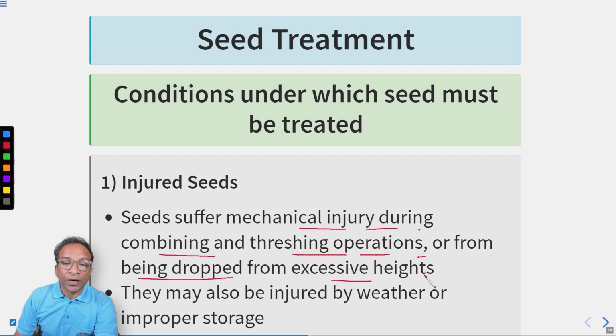And if we drop our seeds from a great height, that can also damage them. They may also be injured by weather or improper storage. Sometimes when storage is not done properly, that can also injure our seeds.